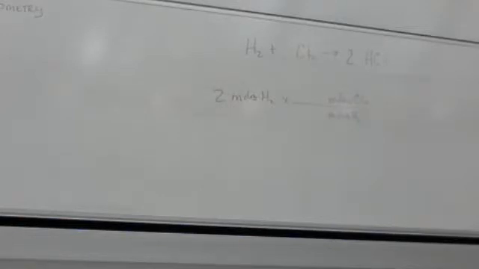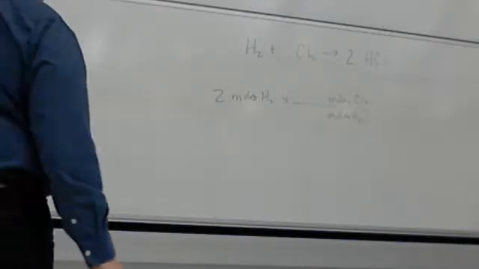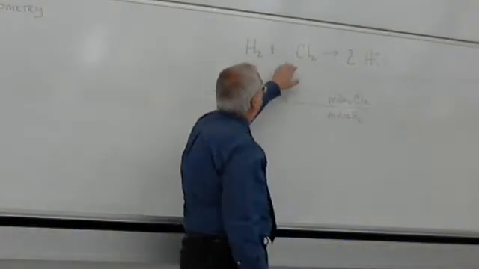Now, the question is, what's the connection? What is that conversion factor? That always comes from the balanced chemical reaction. So all I have to do is look up here and say, how does chlorine relate to hydrogen?